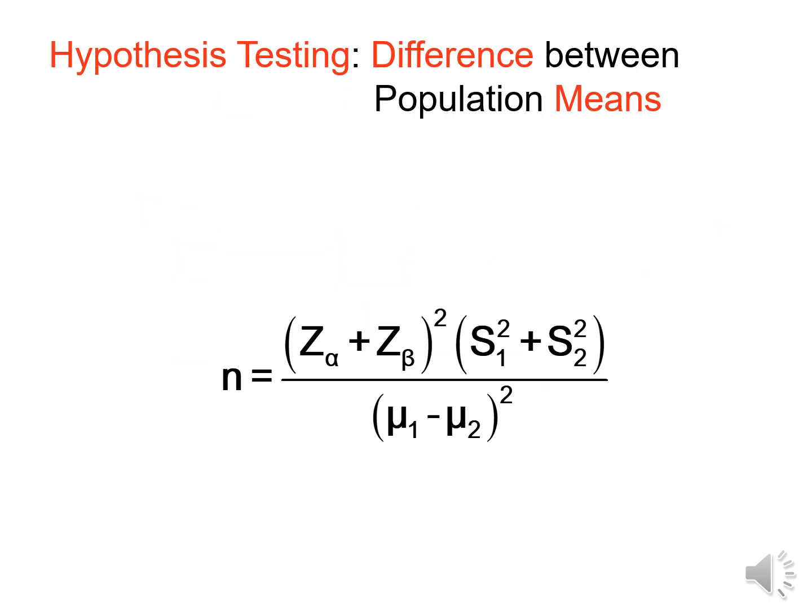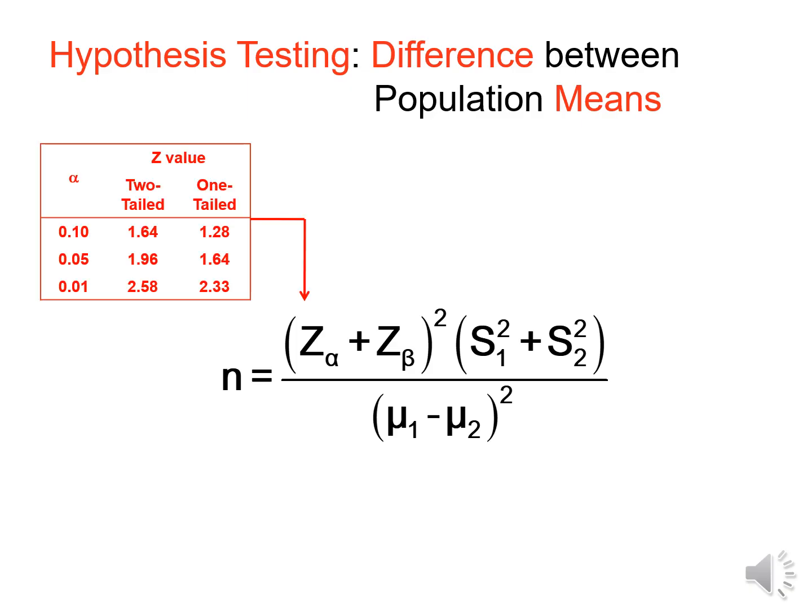We now go to hypothesis testing of the difference between population means. This is the formula for getting the sample size. N is the sample size. Z of alpha is the standard normal deviate corresponding to the set level of significance of 0.05, but this time it would also include the type of alternative hypothesis, whether it's one-tailed or two-tailed.